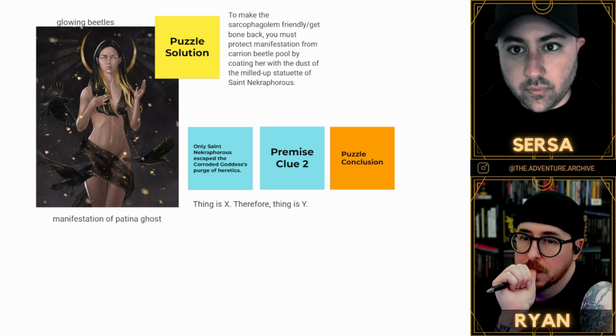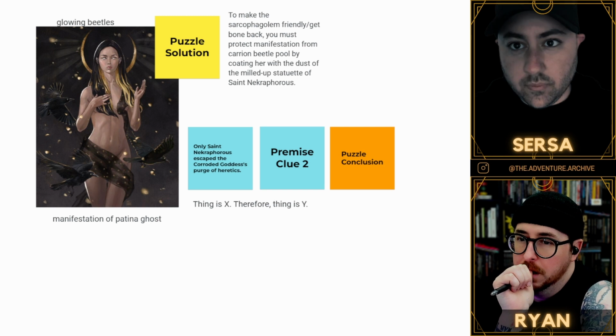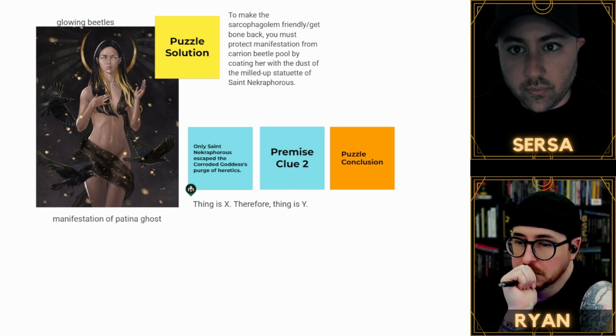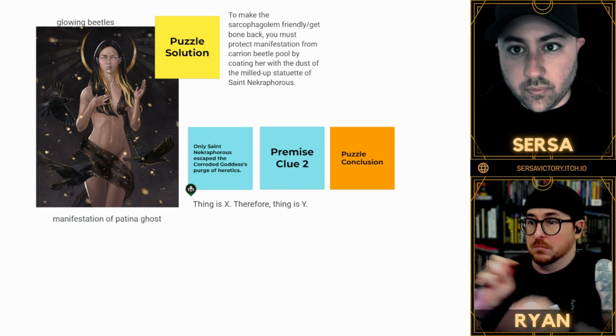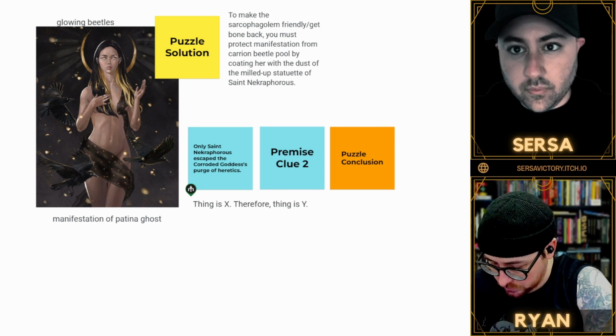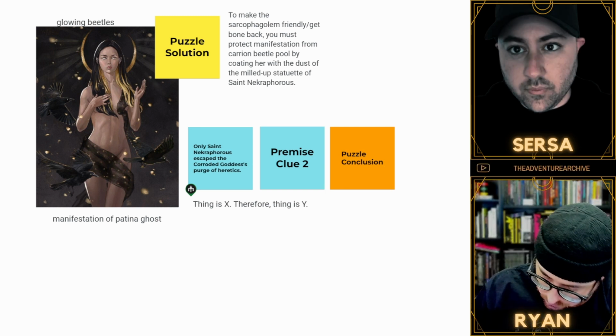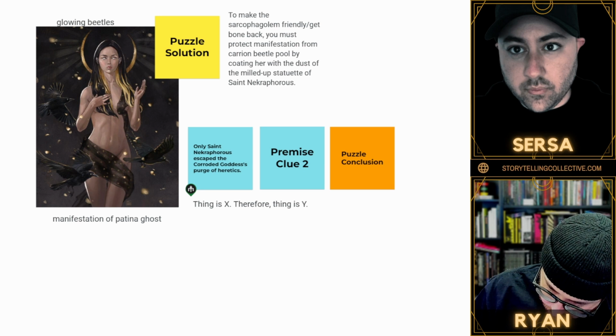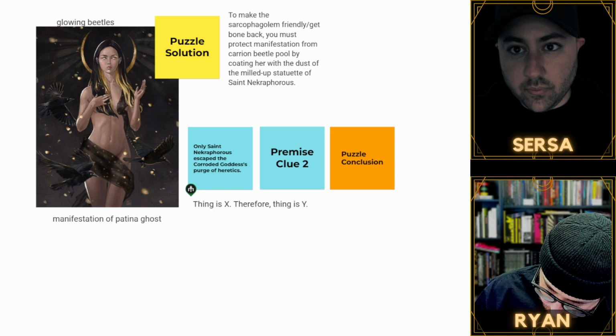Awesome. So the next premise in our categorical syllogism pattern is some specific thing is X, right? So we can pick one of the terms here. We can pick Saint Necrophorus, or we can pick escaped the corroded goddess's purge. So what we could do is, let's see here.